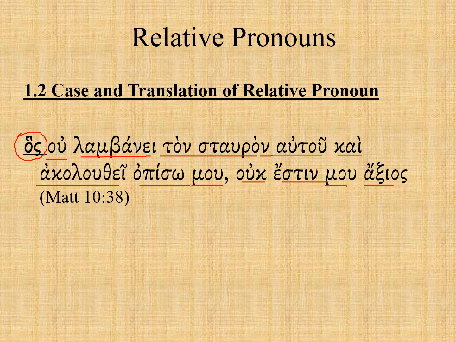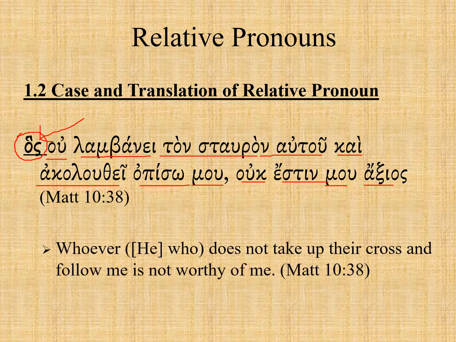So obviously you probably recognize that we would have to use who rather than that. So Jesus is talking about a person who does not take up their cross and follow me is not worthy of me. And obviously this is not a question, so it would be better to translate whoever or he or she who does not. So whoever would be a better translation.